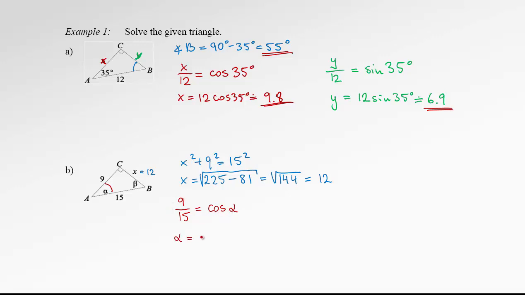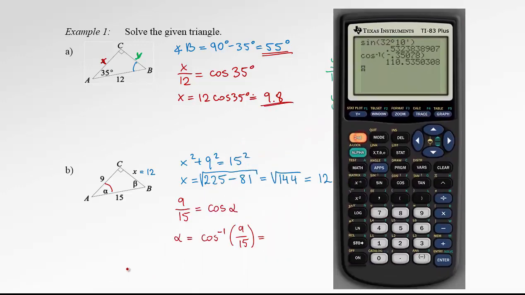Alpha by itself is cosine to the negative 1, which is inverse cosine. This is really undoing the cosine. So we apply it on 9 over 15, and we end up with shift cosine of 9 over 15 equals 53 point, let's round it to one place value, so 53.1.